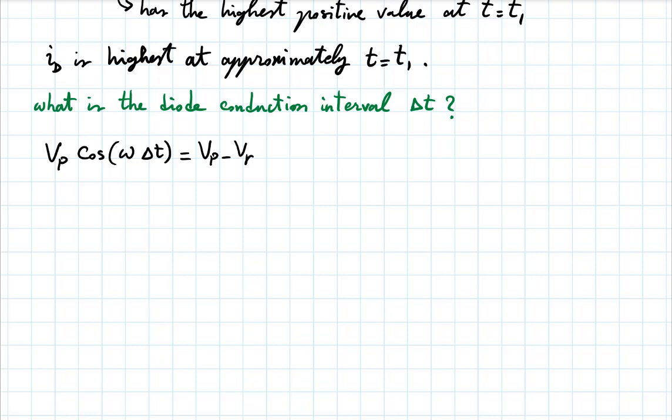Now we know that this omega delta t is a small fraction, a small portion of that cycle, right? So cosine of a small number.